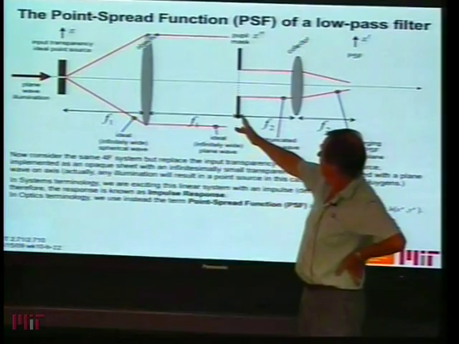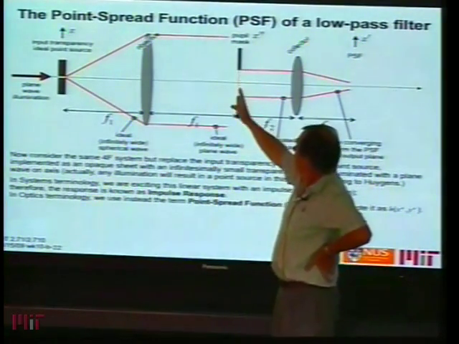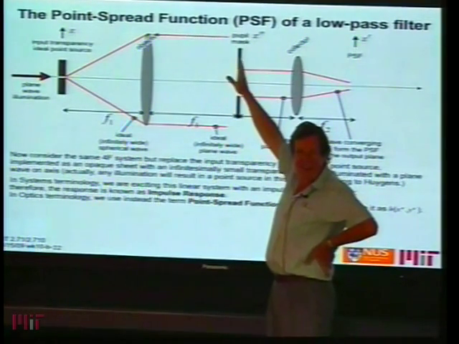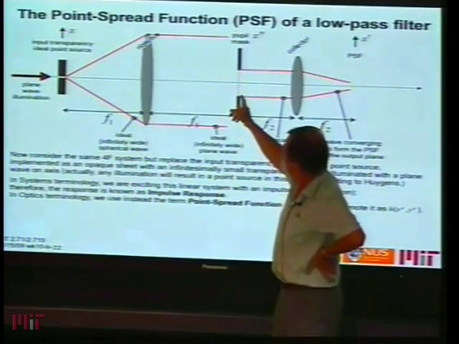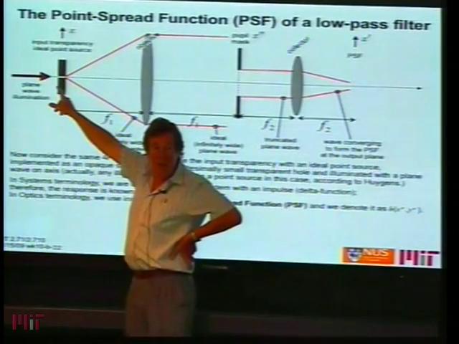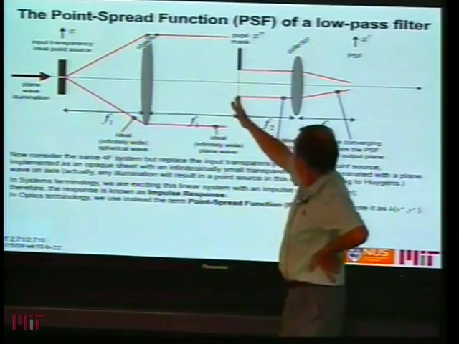And in the back focal plane of that lens, you will get no variation, uniform intensity, uniform amplitude, which is basically the Fourier transform of this delta function. Fourier transform of a delta function is a constant, isn't it?